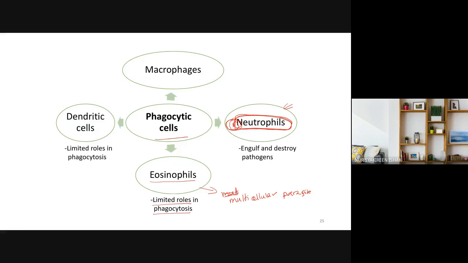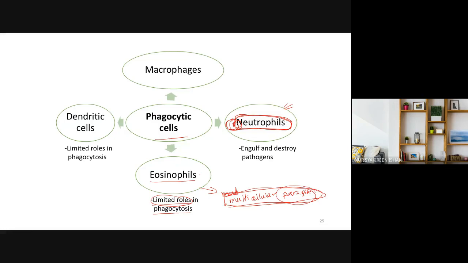Okay, so that's why dia cakap kat sini limited role, sebab fungsi lain dia adalah untuk kill multicellular parasite. Okay, it will secrete some kind of chemical that will kill the parasite, the multicellular parasite.